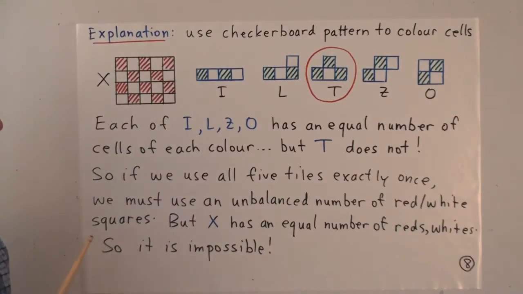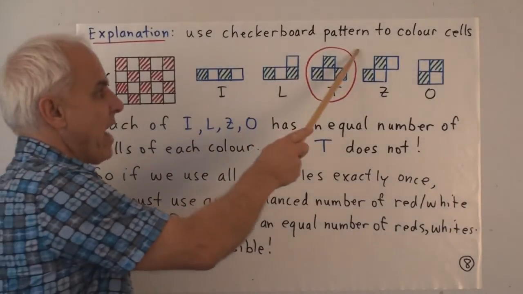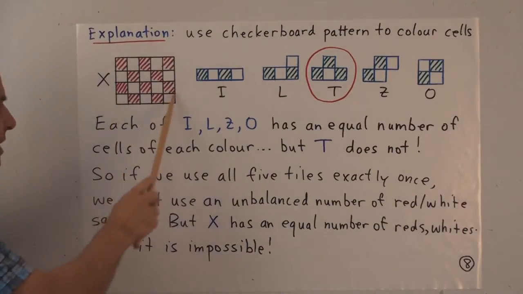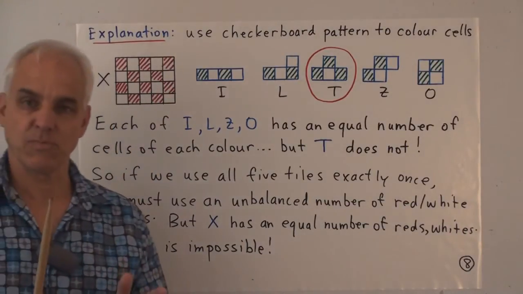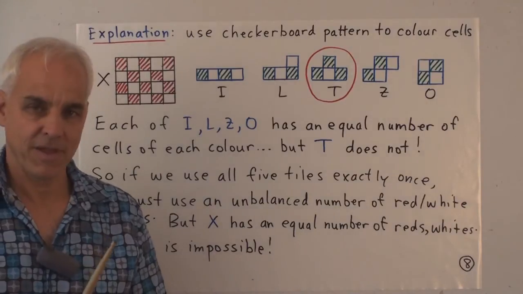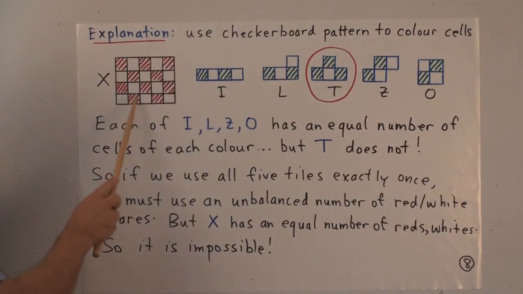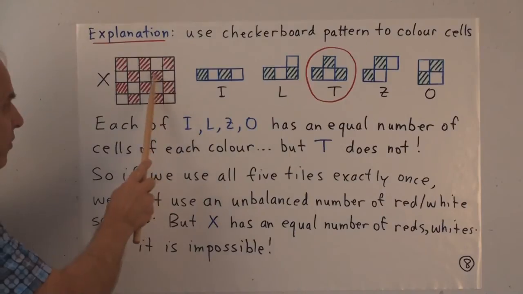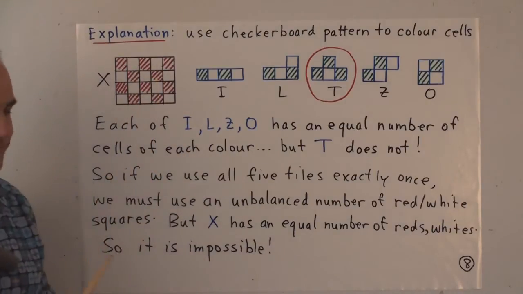The idea is to use a checkerboard pattern to color cells. Think of this thing as being part of a chessboard or a checkerboard, colored alternately with, say, white and red. White, red, white, red, white. Every time we move horizontally or vertically, we change color.